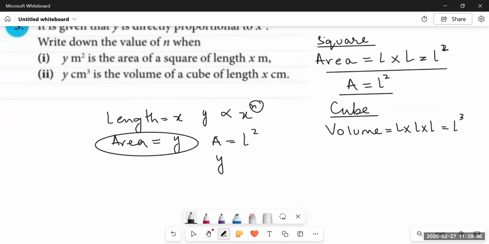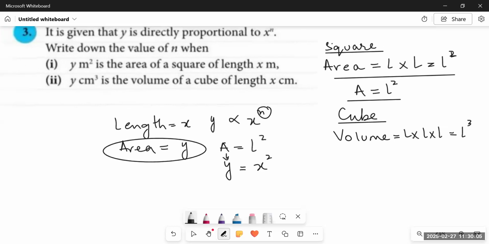Since they have provided us the value of area as y and length as x, the equation would be y is equal to x square. You see? And if they have provided us that y is directly proportional to x^n, it means n is equal to 2. Simple.